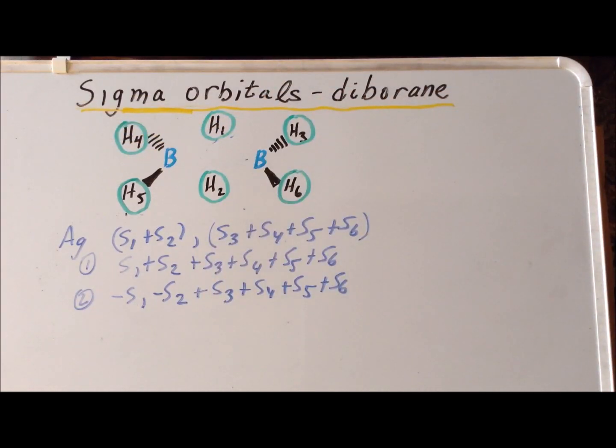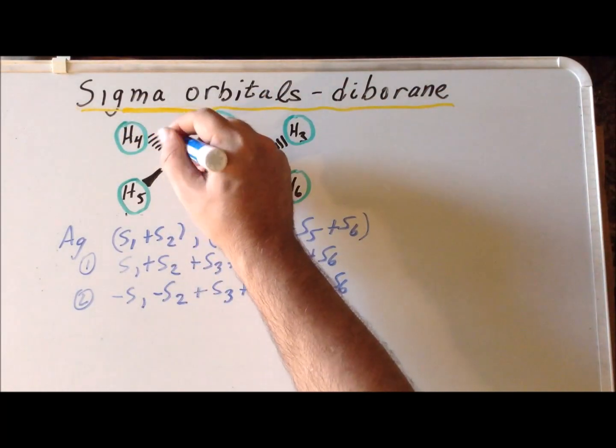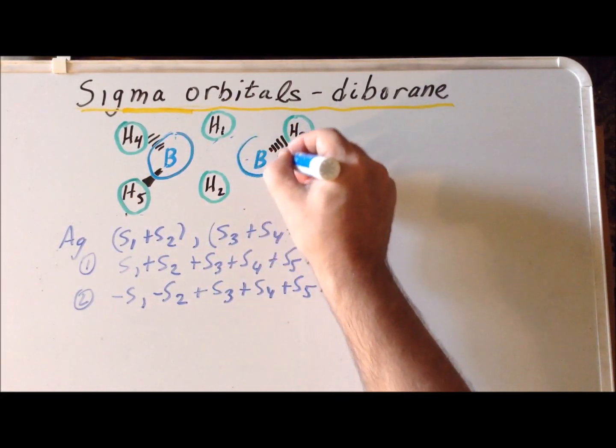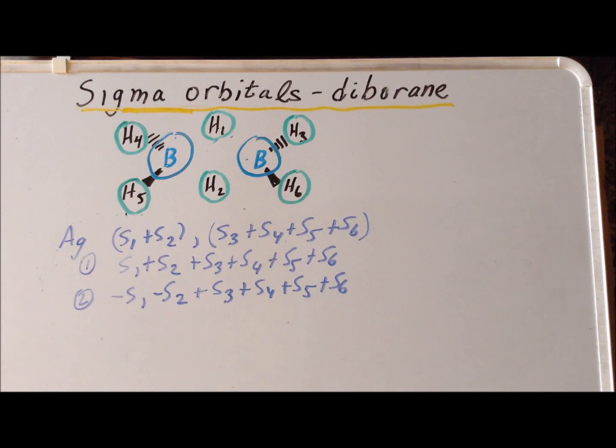So the proper combination would be to have the 2s orbital on this boron and the 2s orbital on this boron, all in phase. The 2 boron atoms are in phase with each other. That's a bonding combination. Plus they're in phase with all of the neighboring hydrogens, so we have the maximum number of bonding interactions. So this is one of the Ag molecular orbital combinations.